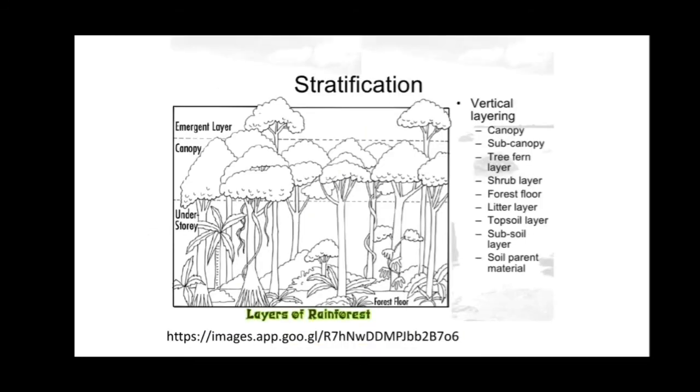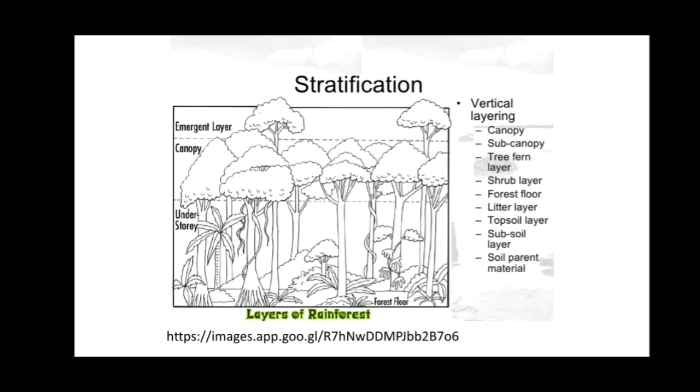Now the stratification: layers of the rainforest, that is stratification in a forest ecosystem. So we took the example of the layers of the rainforest.